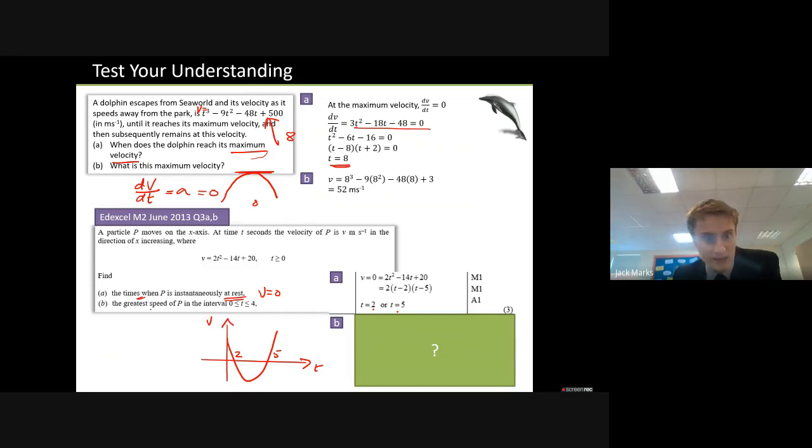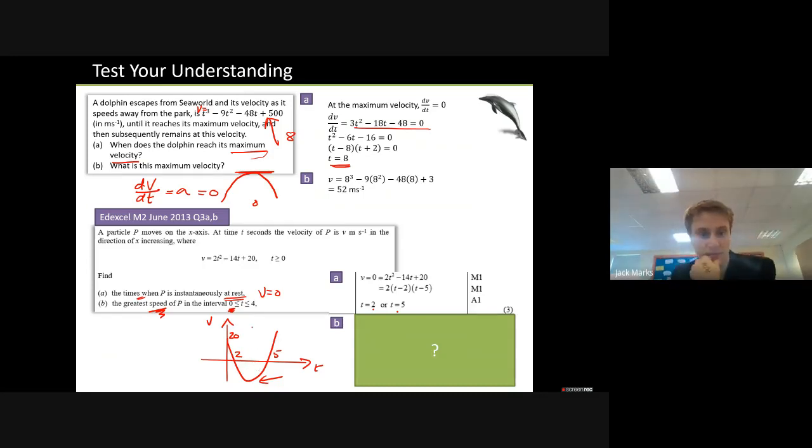Where will the greatest speed be? Greatest speed means it could be above or it could be below. So I have to check 0. That's going to be 20 from the intercept. I know it's not either of these, but look, it could be that point there when it goes into its negative by the maximum amount.